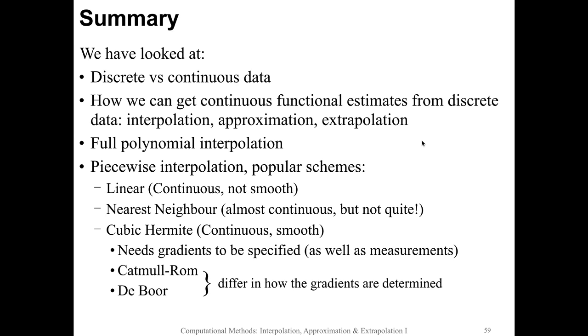And we've looked at smooth interpolation, mainly in the form of cubic Hermite interpolation. It's continuous, it's smooth, but it does need the gradients to be specified as well as the original measurements that we obtained. And we looked at two examples of that. We looked at Catmull-Rom and De-Boor interpolation that are both cubic Hermite but differ on how their gradients are calculated.